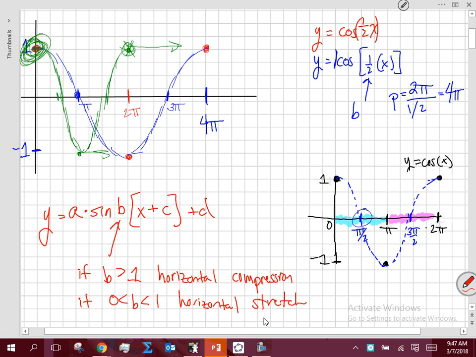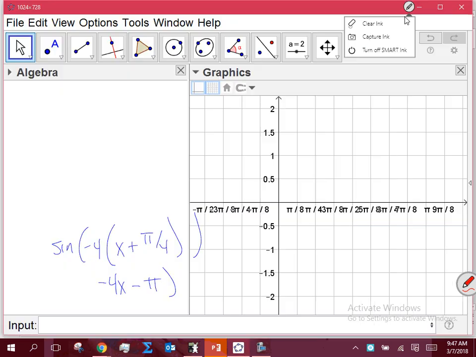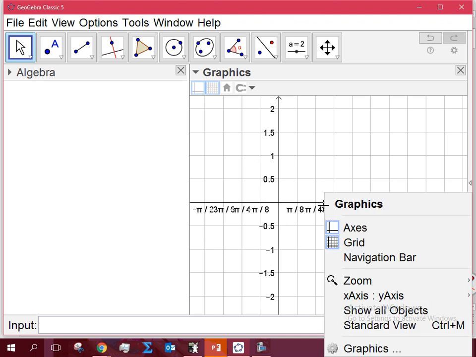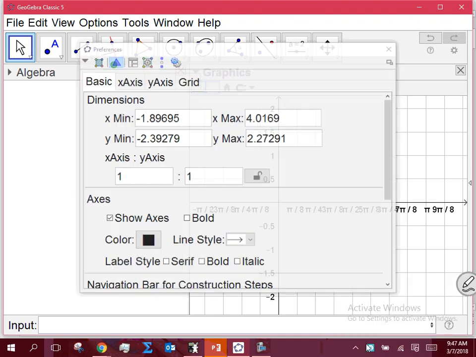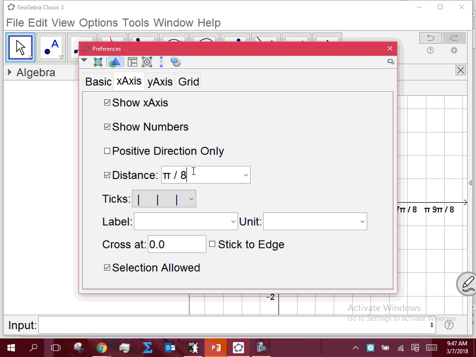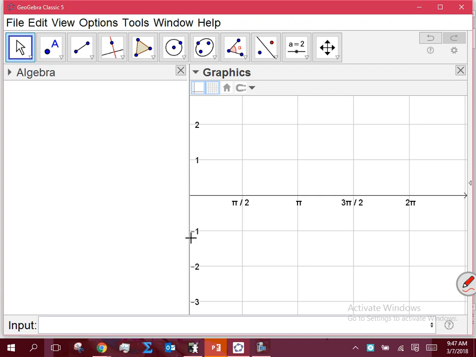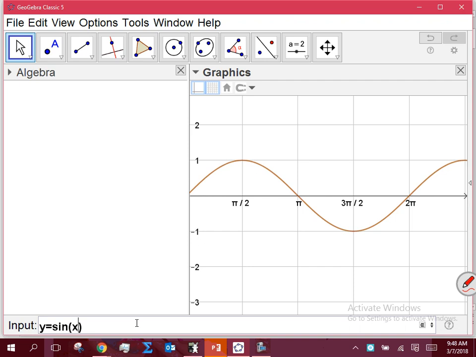Maybe I'll give you a picture of this. Let's get the x-axis here to be in pi over 2. Let's just say that I have the graph y equals sine of x.